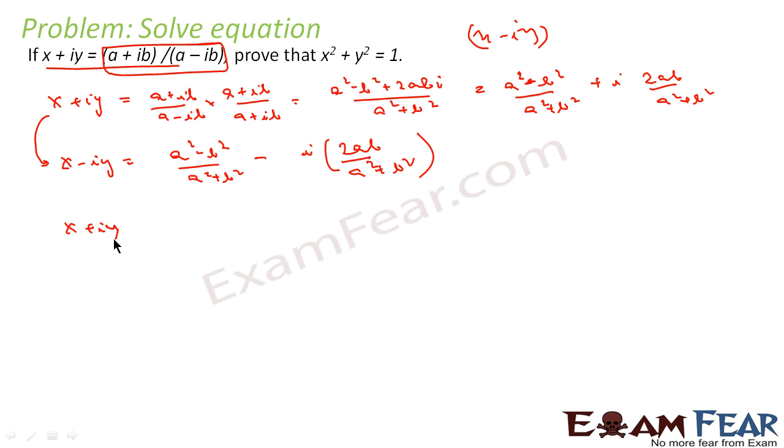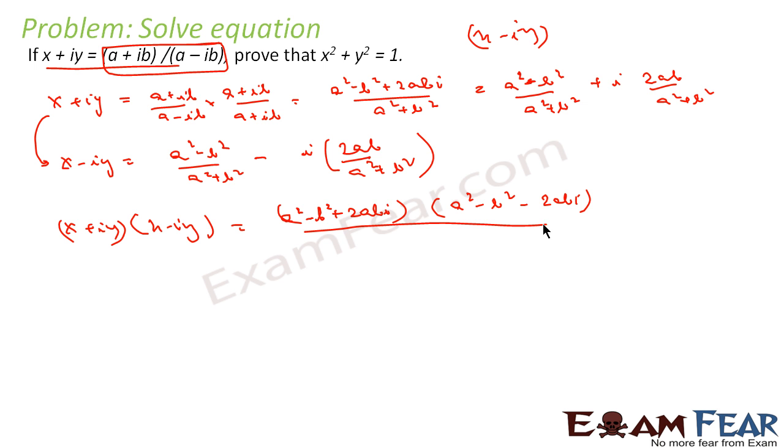We multiply x plus iy into x minus iy, and we multiply these two, so we get what? a square minus b square plus 2abi into a square minus b square minus 2abi, over a square plus b square whole square, and this side is equal to x square plus y square.